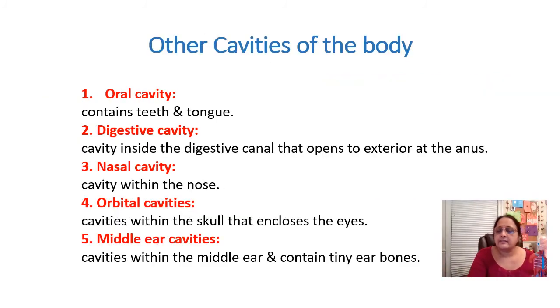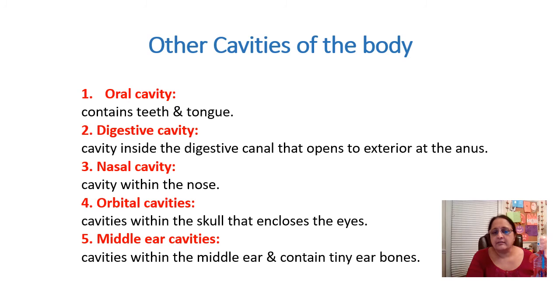So okay guys, now we have completed all the major body cavities. So let's move on to the small confined areas where we can see other cavities inside the body. For example, oral cavity, which harbors teeth and tongue. Nasal cavity, which is inside the nose.